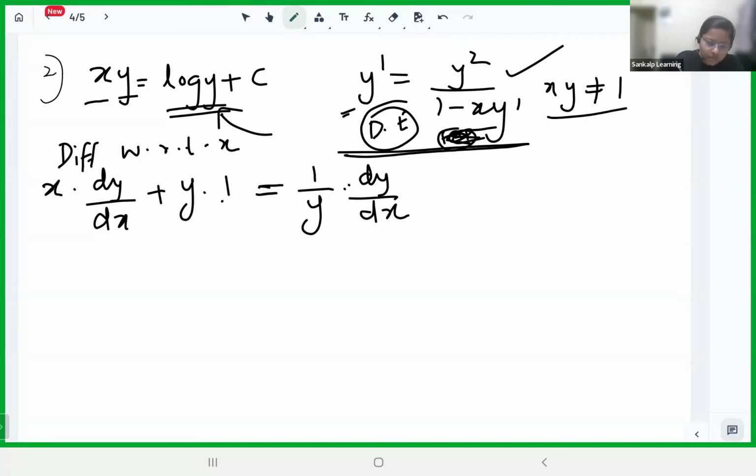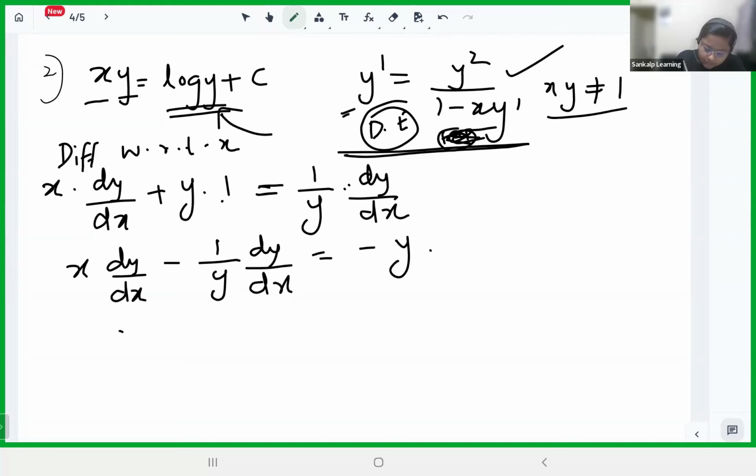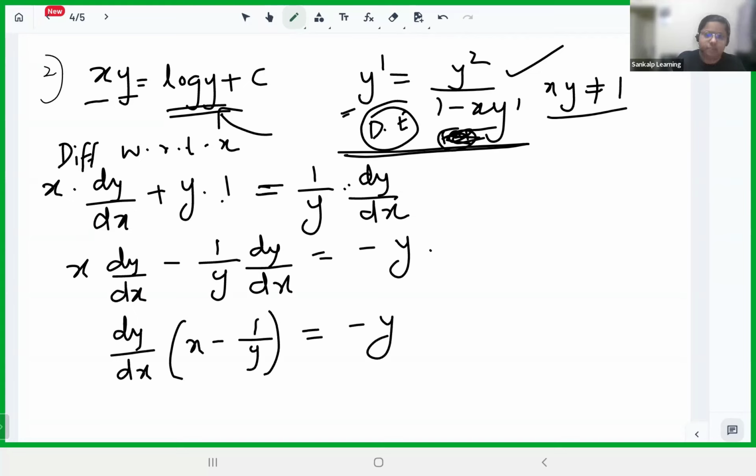Now I'm taking this x dy by dx, then 1 by y dy by dx to the other side. So this is equal to minus y. Now if you take dy by dx outside, this is x minus 1 by y, equal to minus y. So dy by dx is equal to minus y by x minus 1 by y.